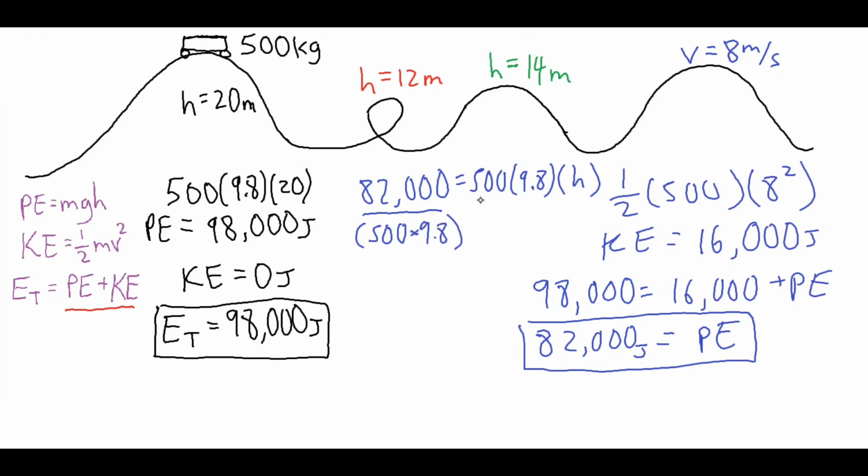Okay, so I'm going to divide by these numbers over here. They're going to cancel out, and we're just going to take the quotient of these numbers, and then I get a height of 16.73 meters. So that was correct. It is the greatest height out of the previous two, 16.73 meters.